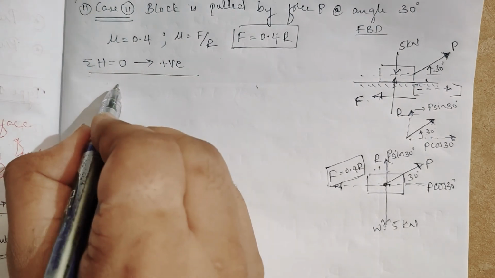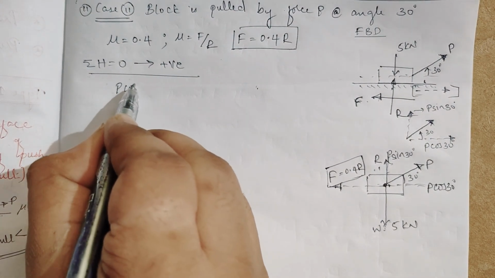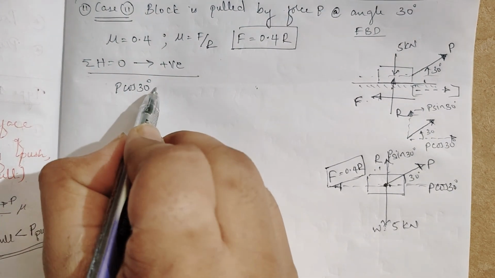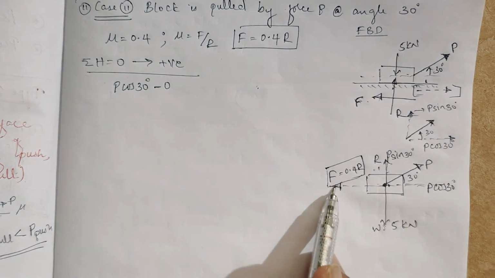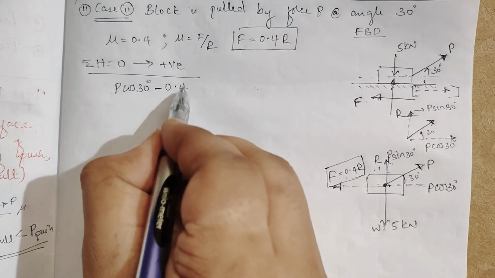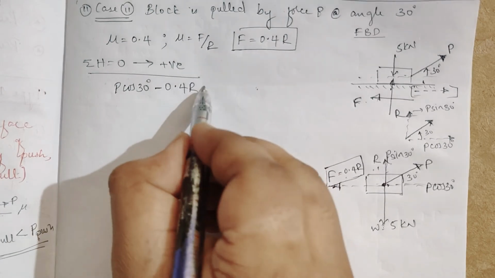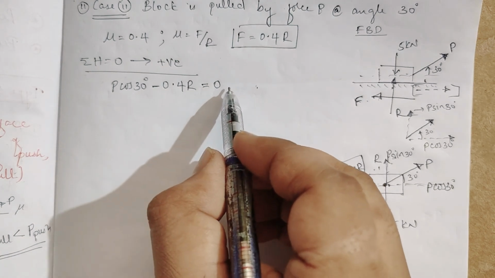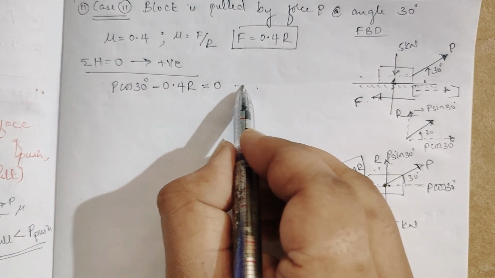First P cos 30 degree, another force is minus F, that is minus 0.4 R, equal to 0. This will be equation number 1.